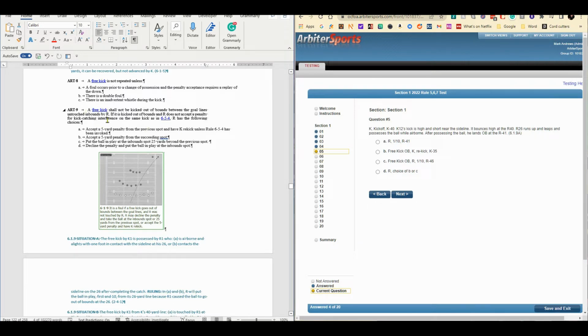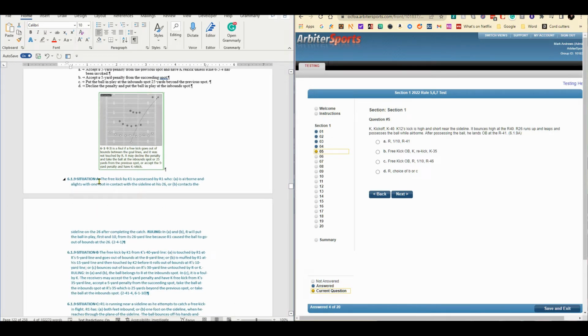619 says, a free kick shall not be kicked out of bounds between the goal lines untouched in bounds by R. And that's the kicker right there. And then 619A, the casebook: the free kick by K is possessed by R1, who A is airborne and alights with 1 foot in contact with the sideline at his 26, or B contacts the sideline at the 26, completing the catch.